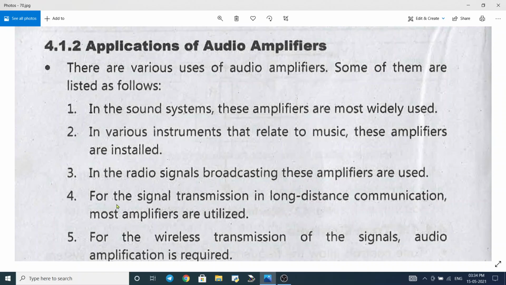The audio amplifiers are used for signal transmission in long distance communication. The next application is the wireless transmission. In wireless transmission of the signals, the audio amplifier system is used. So there are a number of applications, various uses of audio amplifiers.